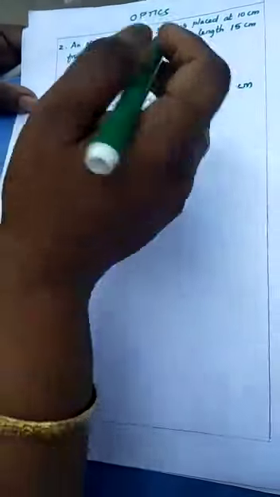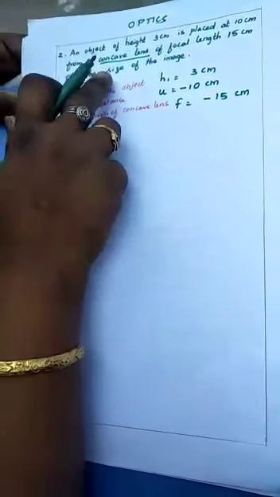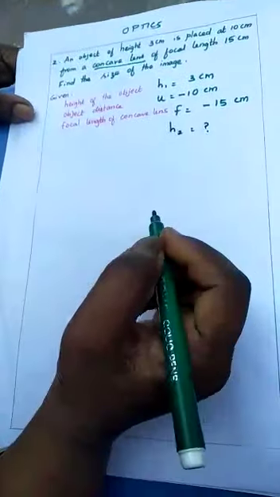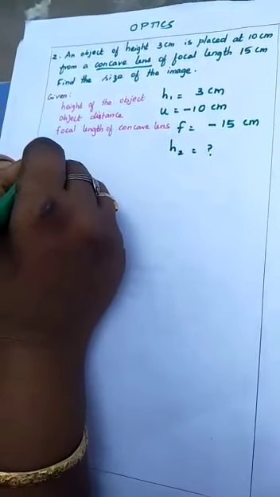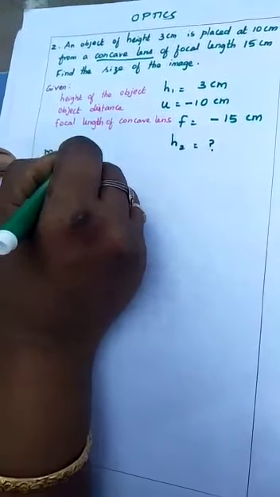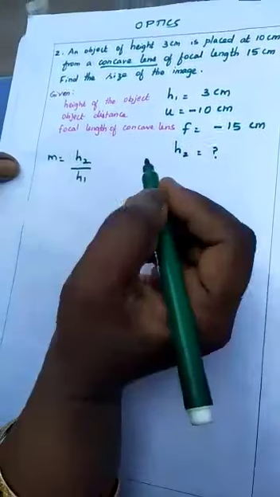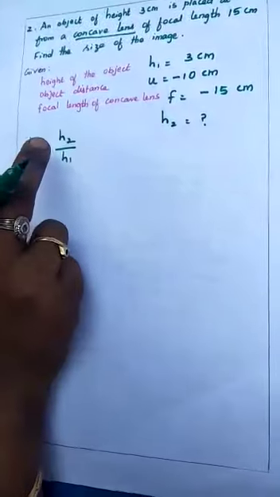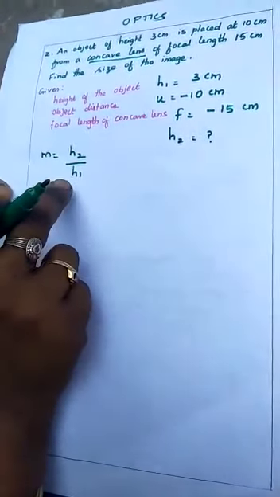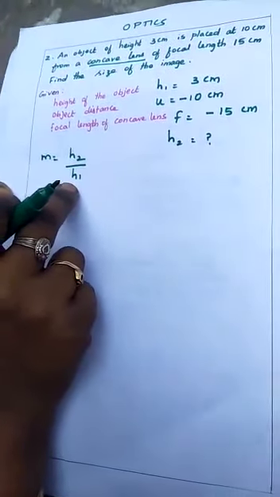Next, using this formula we have to find the size of the image, that is H2. To find H2, we can use the magnification formula. So M is equal to H2 divided by H1. Related to height, the magnification formula is height of the image divided by height of the object.